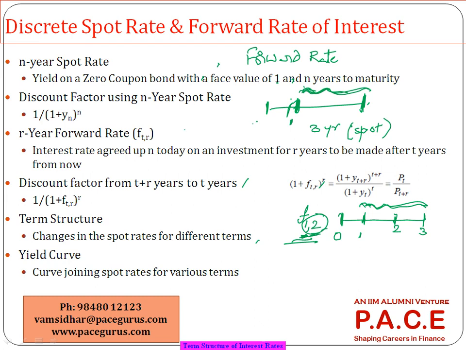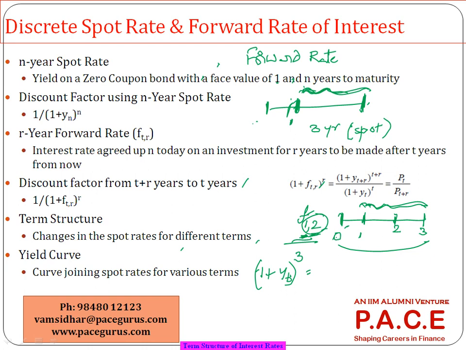The simple process is, even if you deposit for a 3 year period, how much money are you going to get? The multiplication factor for us is (1 + yt)^3, compounding at the rate of yt every year for a 3 year period.